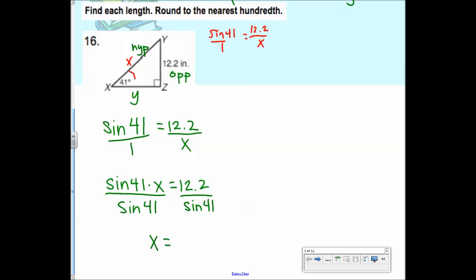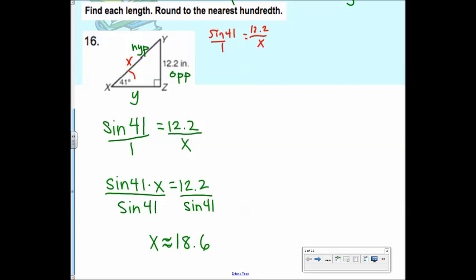Again, that's approximate, so we can put a wiggly equal sign because you don't want to write all this stuff. This is the proportion that we're using because we had the opposite and we were looking for the hypotenuse.